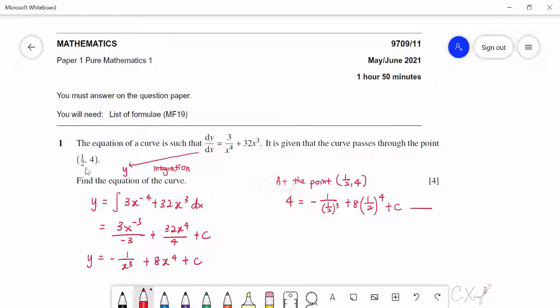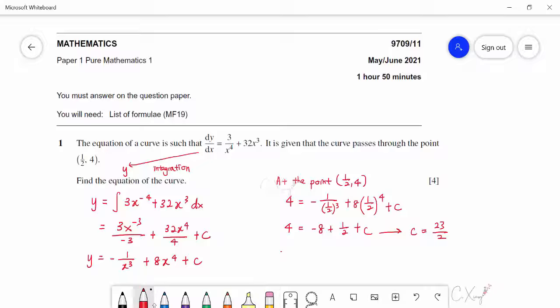Okay, so from here, if you didn't make any careless mistake, then your c should be equal to 23 over 2. So from here you get c equals 23 over 2, right?